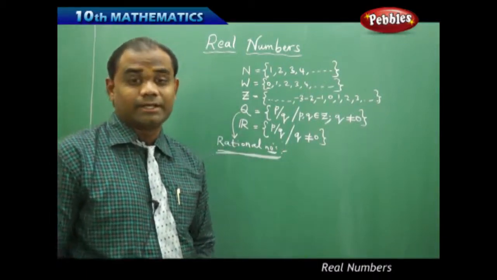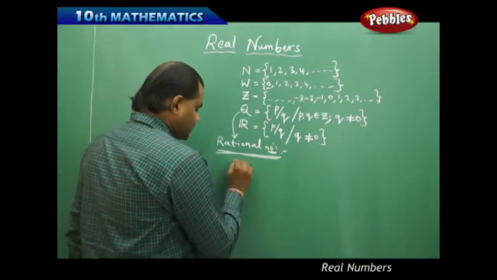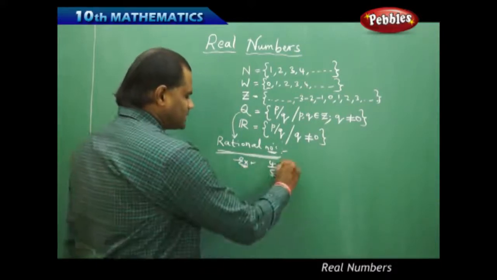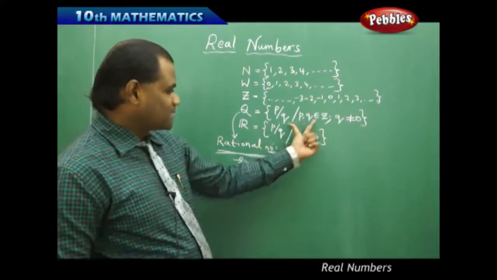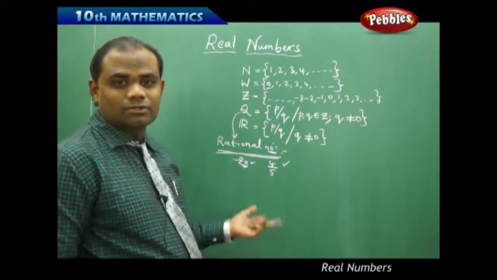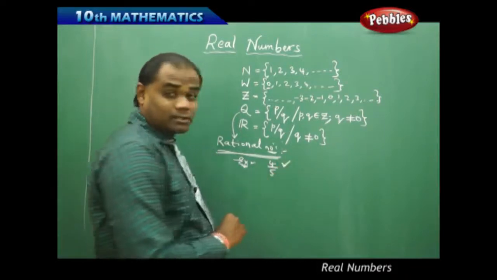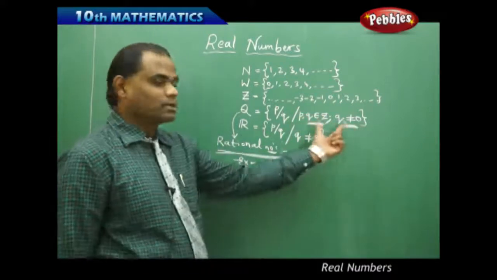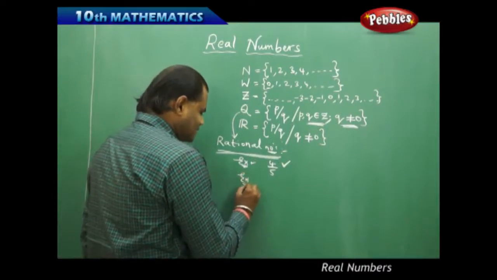For example, I take 4 over 5. This is clearly a rational number because p is 4 and q is 5, which satisfies the condition that p and q are integers, and q being 5 is not equal to 0. Therefore, I can say this is a rational number under these two conditions.